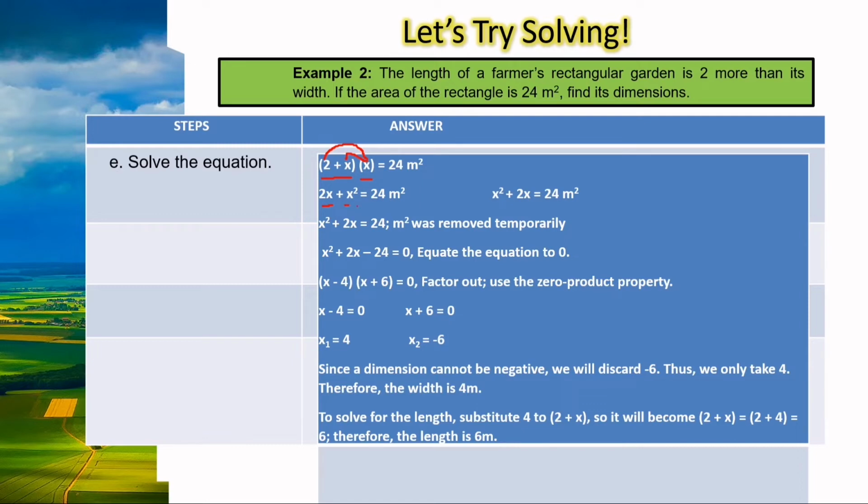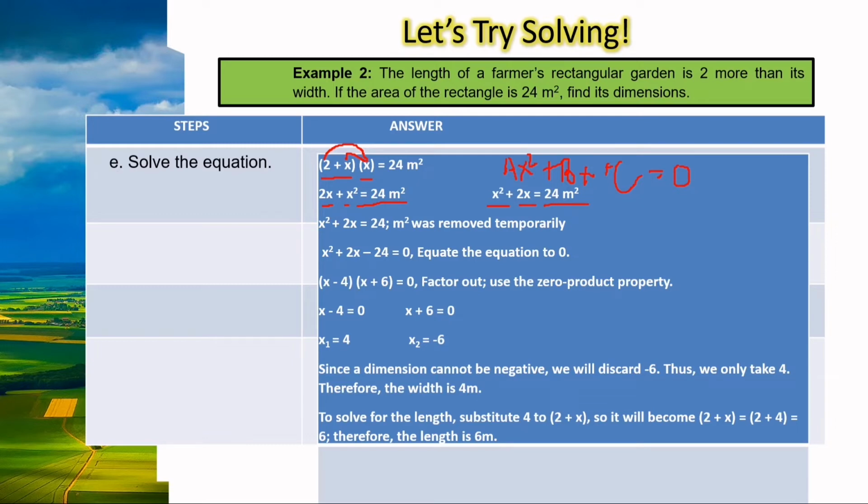Then copy equals 24 square meters. To rearrange the terms, it should be in the standard form ax squared plus bx plus c equals 0. But here, it is already interchanged. That's why you have x squared plus 2x, then copy equals 24 square meters.